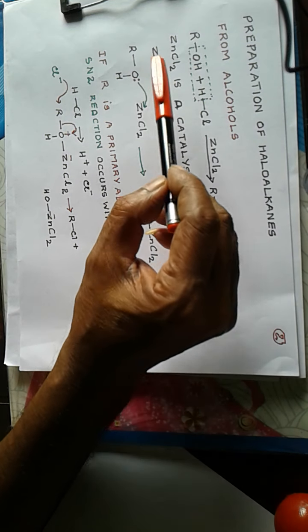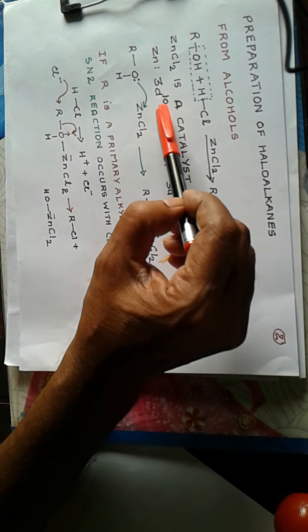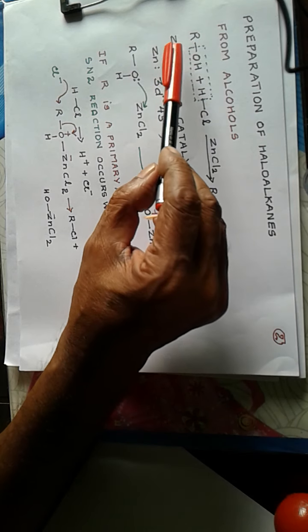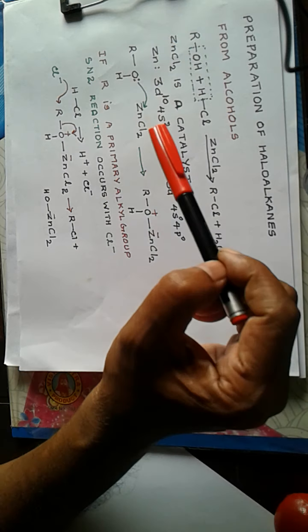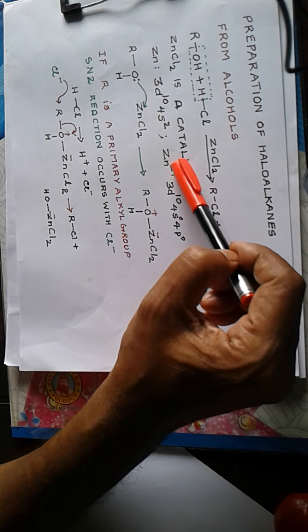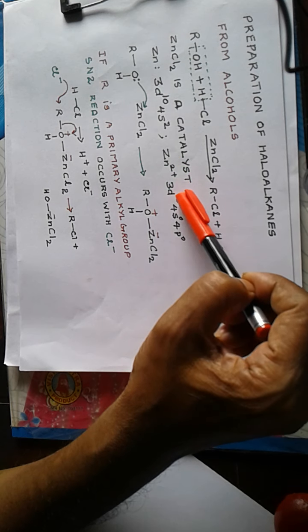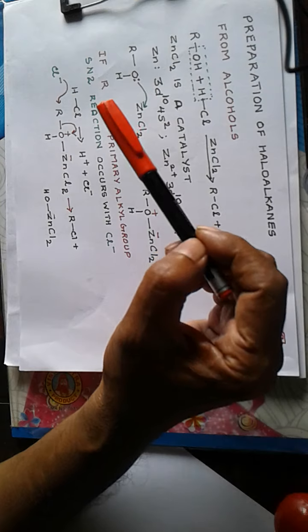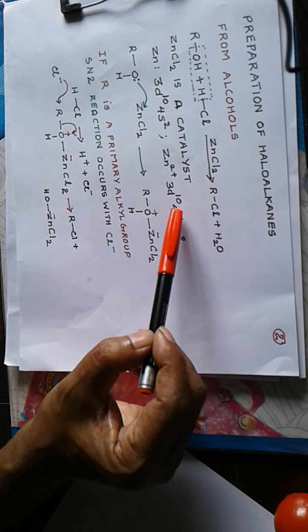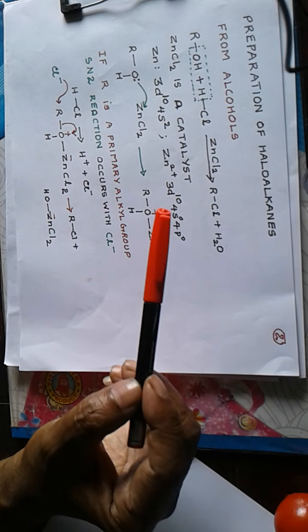Now the zinc atom has the configuration 3d10 4s2. And in zinc chloride, the ion Zn2+ is present. For Zn2+, the configuration is 3d10. The 2 electrons in the s orbital are removed to get the zinc ion. So there are vacant s and p orbitals.